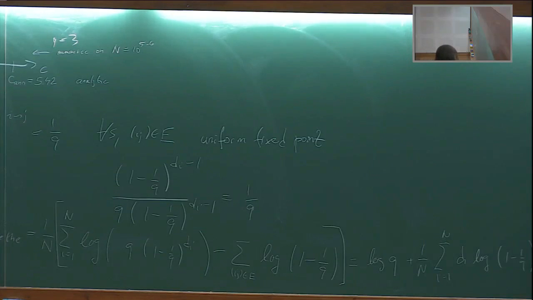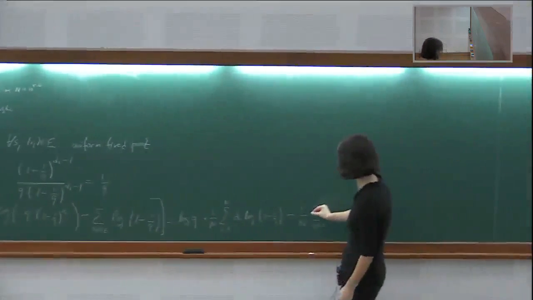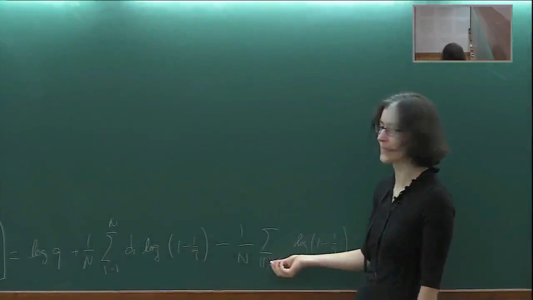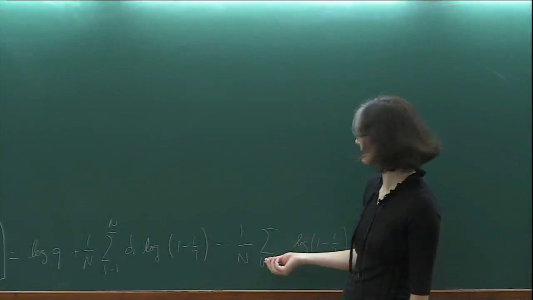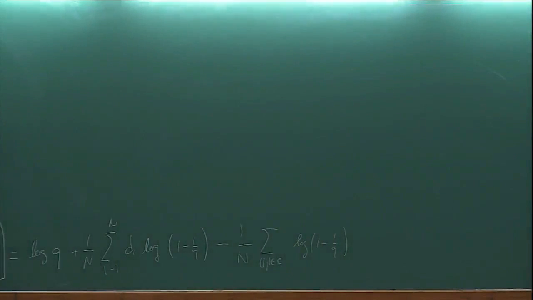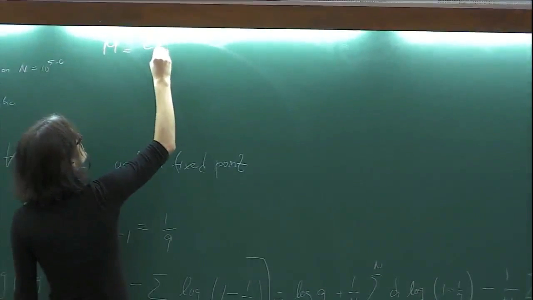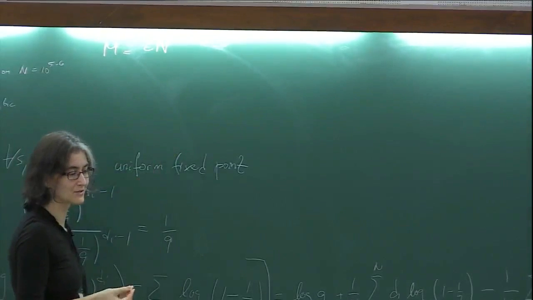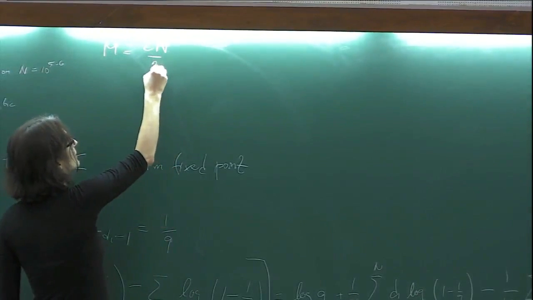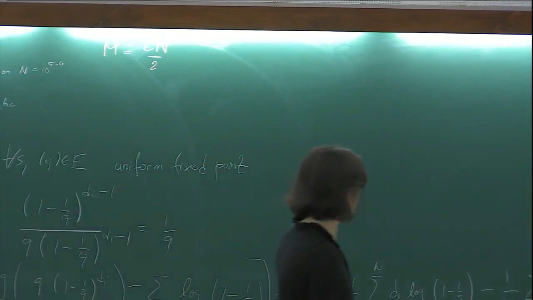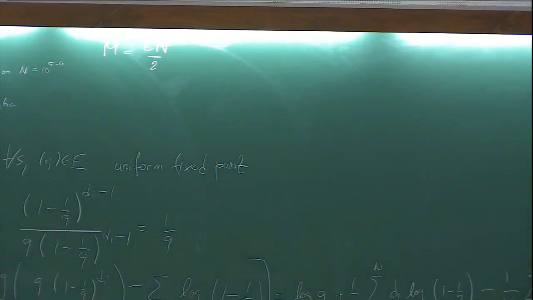So we see that these terms are similar. Actually, nothing here depends on the edge. So we just need to count how many edges we have. If you remember, the number of edges in the graph is just the average degree times the number of nodes, and because every edge has 2 ends, divided by 2. So this accounts for c half, the average degree half.